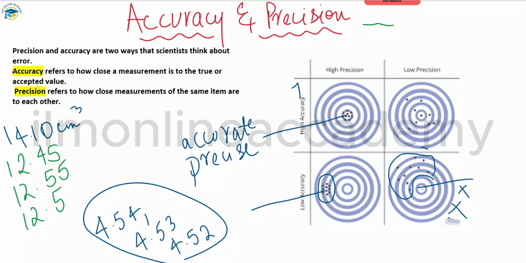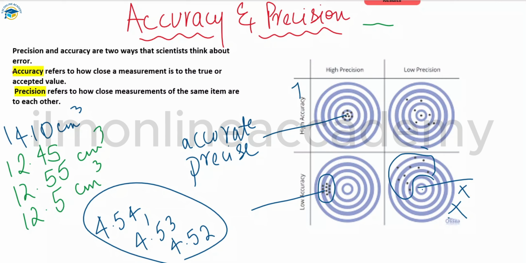These are the results recorded when a student does the acid-base titration. So this data is precise as the repeated values show a very small difference, but it's not accurate because the actual one is 14.10 centimeter cube.